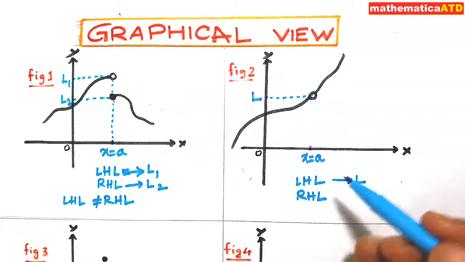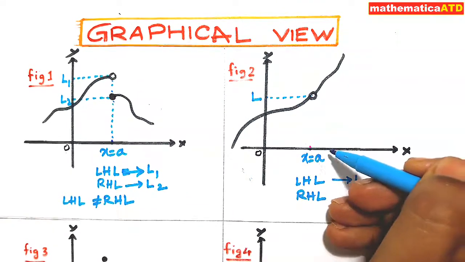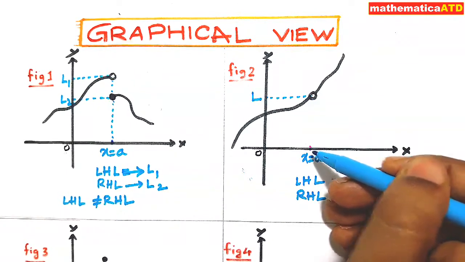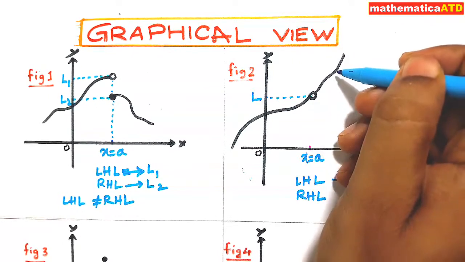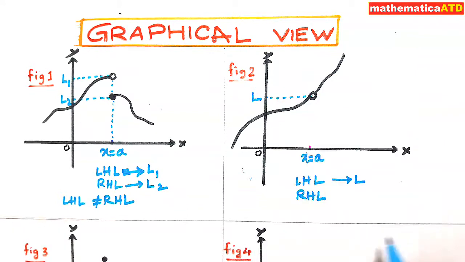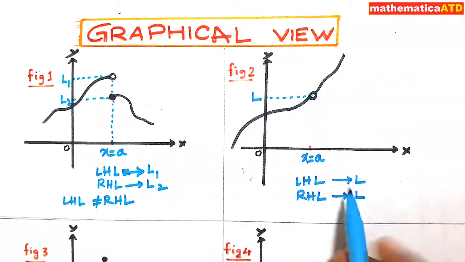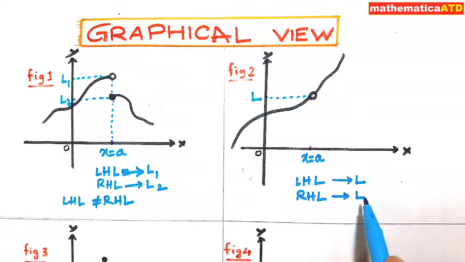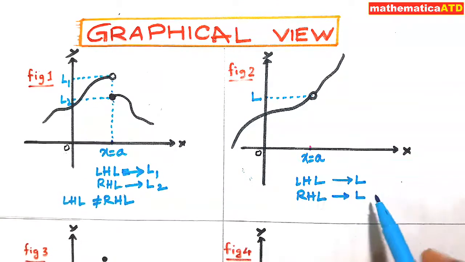On the other hand, when x is tending to A positive, then on the curve also f(x) is approaching L again. So RHL is also tending to L. So here you see that LHL and RHL both are equal, L and L. Now one thing is very important.